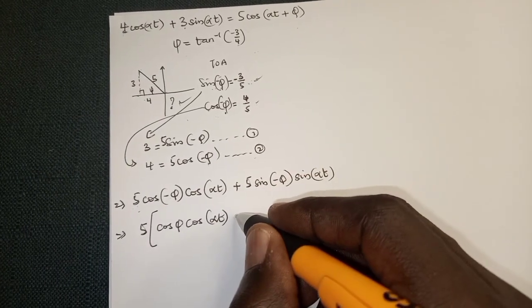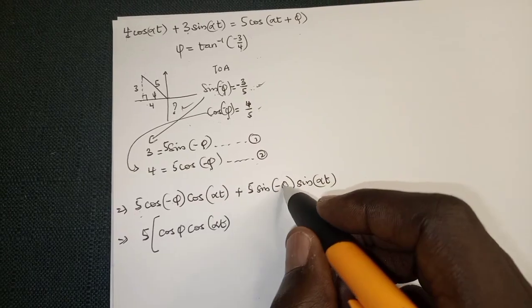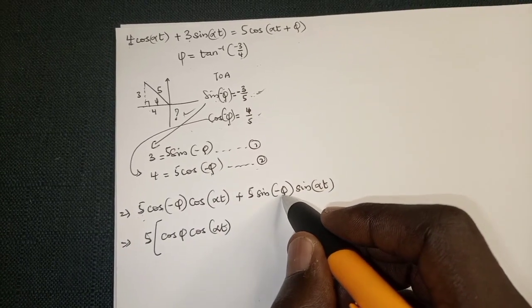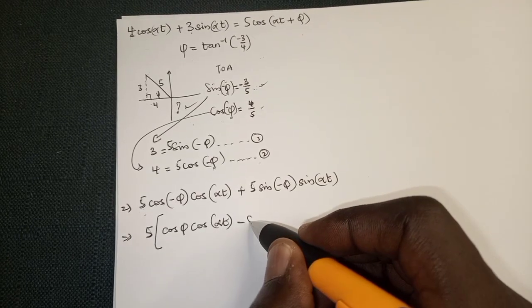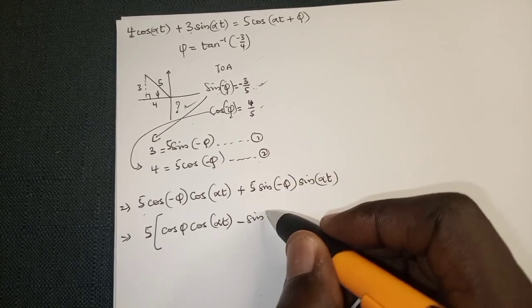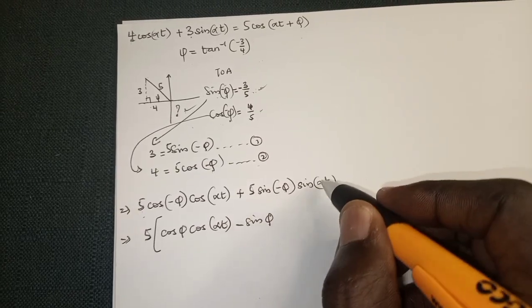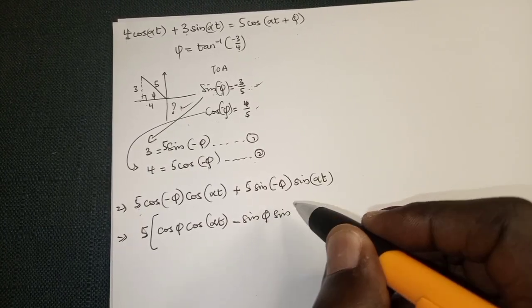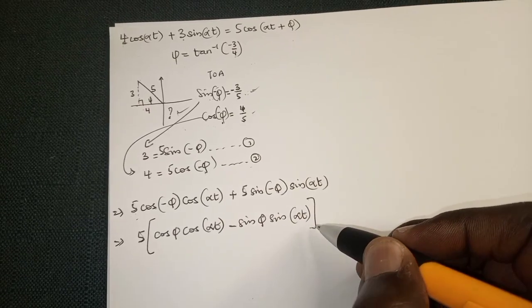But sine is odd, so we have minus sine of phi, then sine of alpha t, then we close.